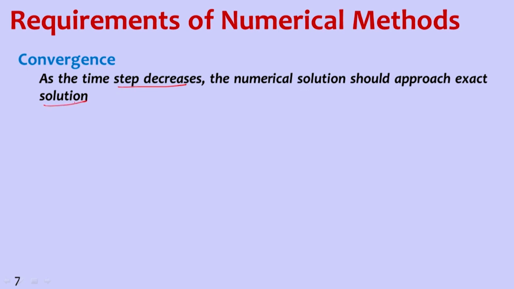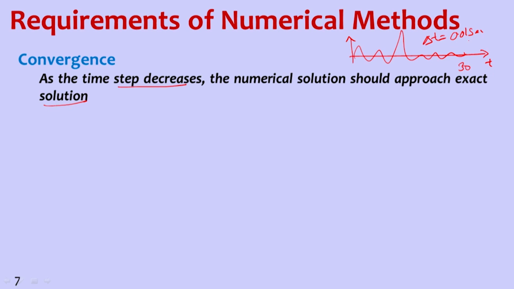For example, if the excitation is for 30 seconds and my time step delta t is 0.01 second, how many times am I solving this equation? 30 divided by 0.01 times. As the time step decreases, the solution should approach the exact solution, whatever the classical solution gives.